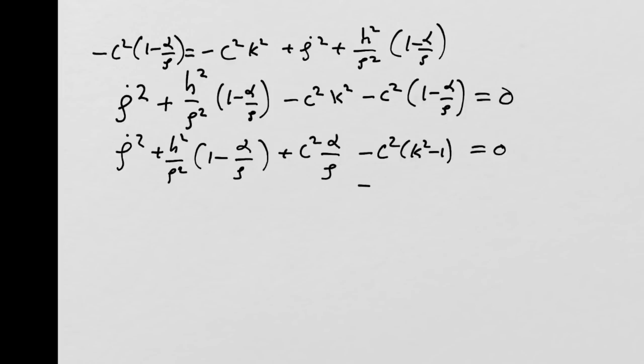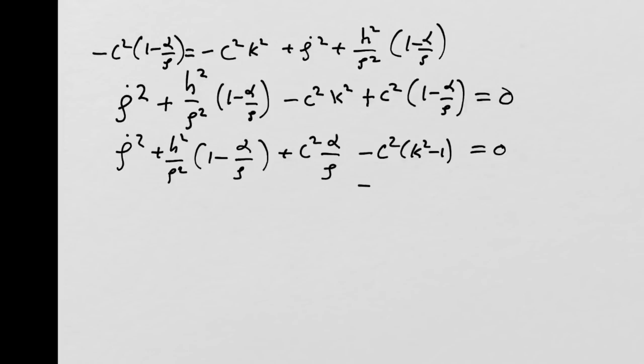Wait a minute, something's not right here. Hold on. When I took this over here, it's a minus sign over here, so it should be a plus sign on this side, right? So I think I need to go with a plus sign here.